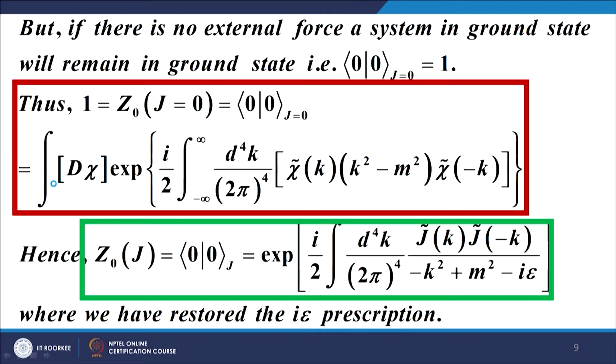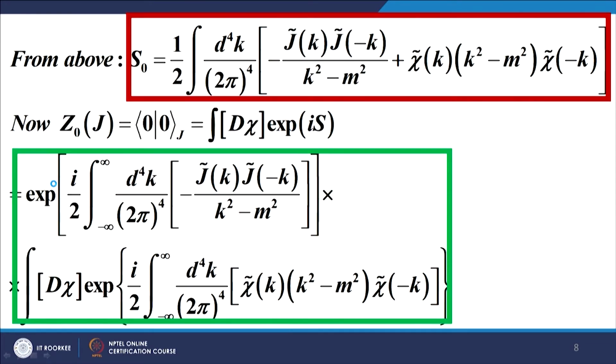Putting that into play, 1 is equal to Z0 with J equal to 0. So, the entire expression here in the green box must be equal to 1 in the special case when J is equal to 0.